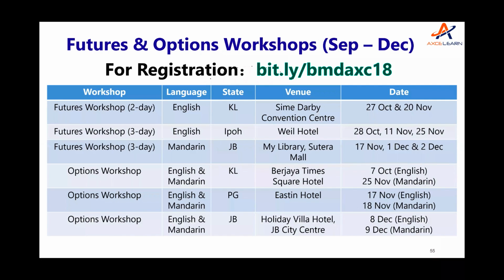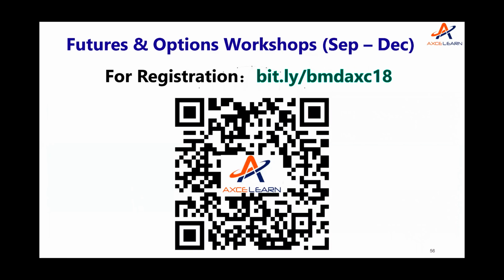You just register via this URL, bit.ly/bmdaxc18. Now, again, for those who have not yet screenshot, this is the last chance for you to screenshot the registration link, or you can scan this QR code and it auto links to the registration page. Available for all from September to December, all the futures and options workshops.